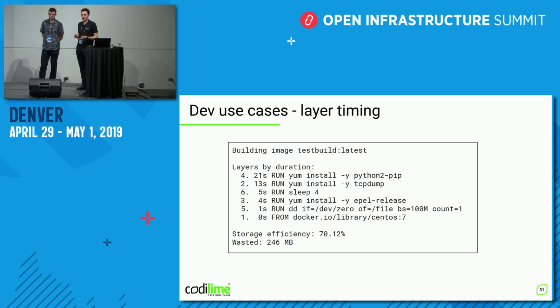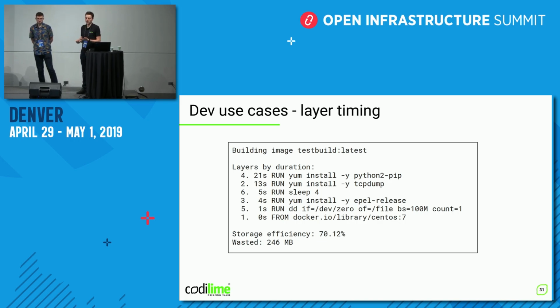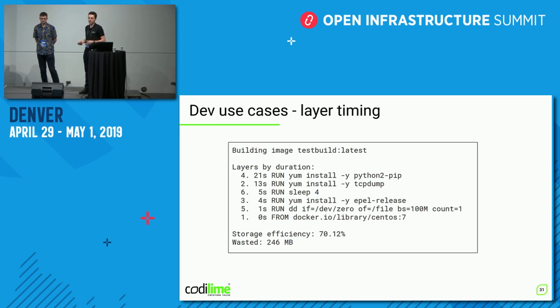So in this case, it's a sorted list of layers sorted by the runtime. So on the top, we have the one that took the most time. And we also have information about the storage efficiency of the image and how much storage has been wasted. So for example, how many files were overridden in the layers of the image.